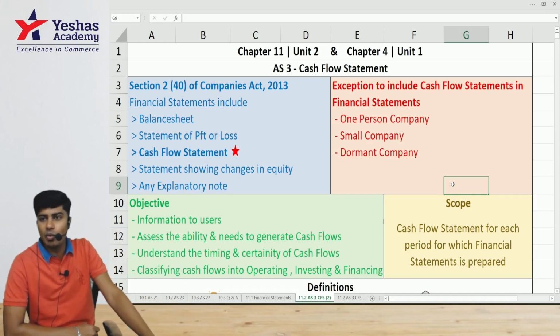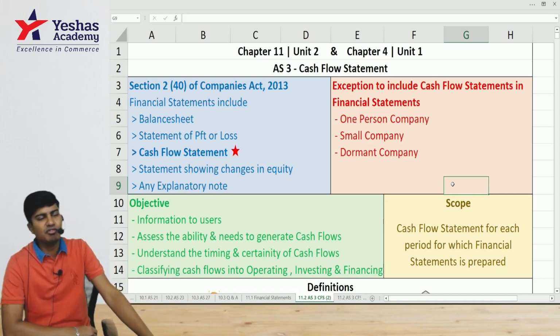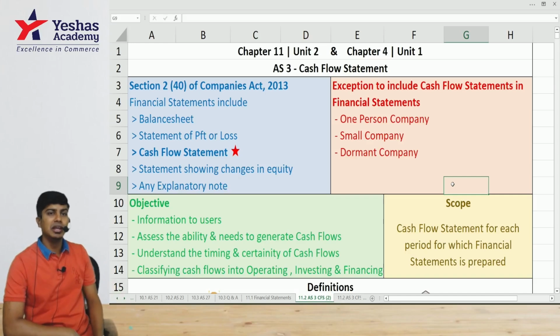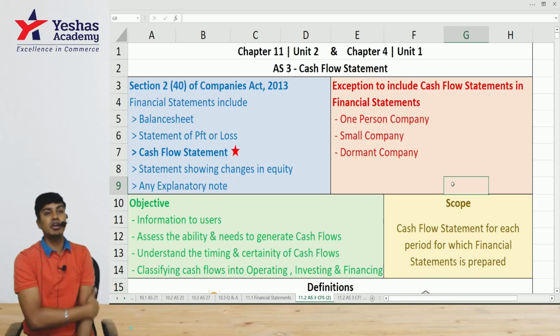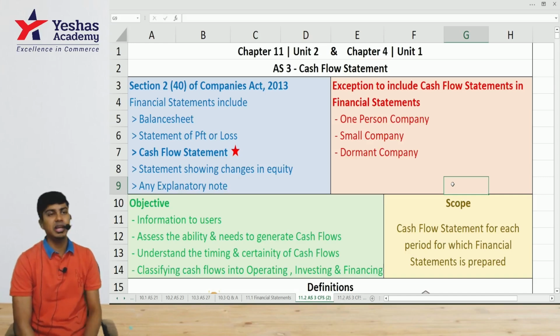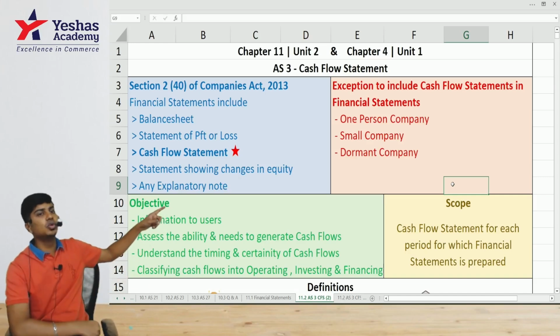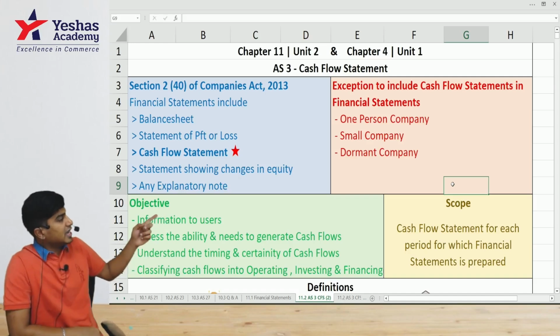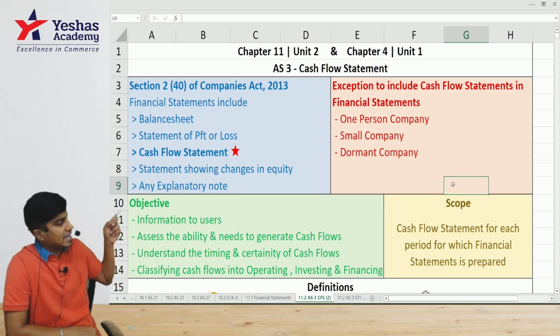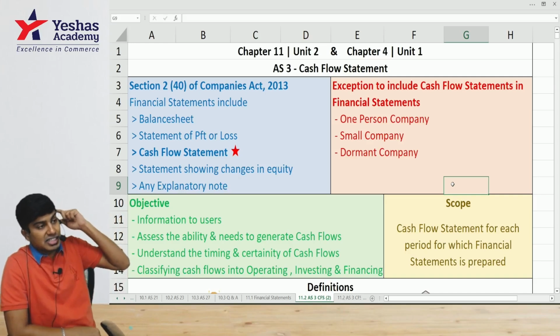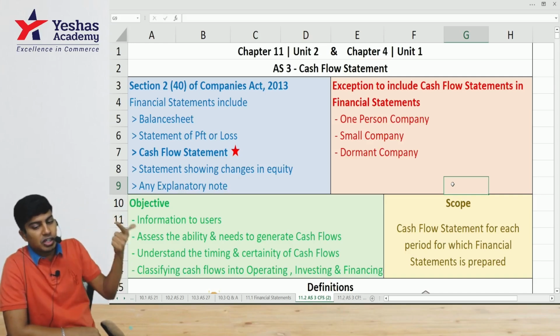You might ask, sir, why do we prepare cash flow statement? The straightforward answer for the examination is very simple. Section 2, subsection 40 of the Companies Act, which talks about the definition of financial statement, includes the word cash flow. Section 2(40) of the Companies Act 2013 states that financial statements include balance sheet, statement of profit or loss.